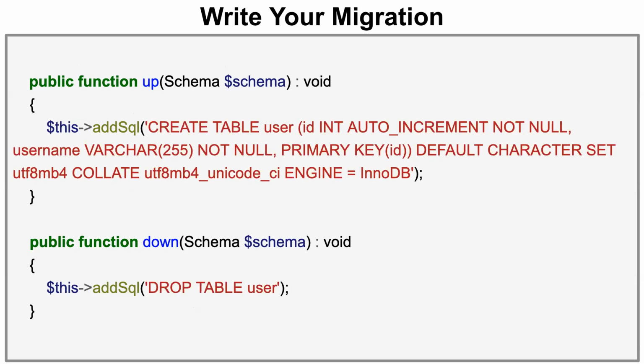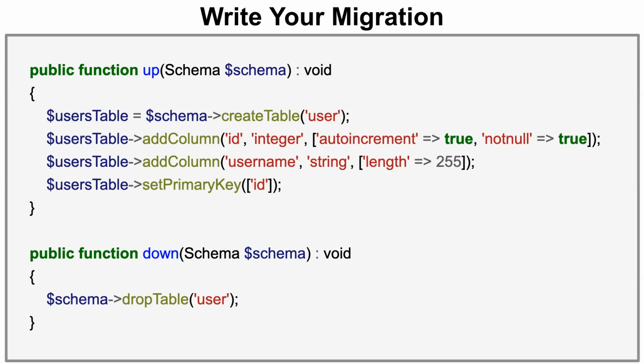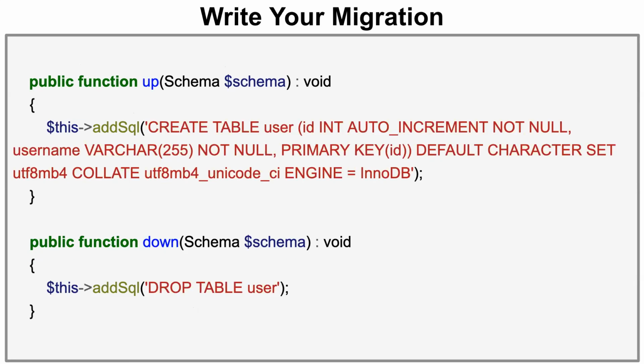In addition to that, what I would recommend is running the migration once, and it's going to produce SQL from this code. And what I like to do is copy that SQL and actually put it into the migration.